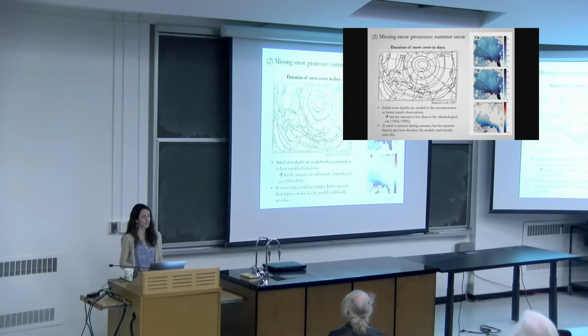Okay, so what about these missing processes? One thing that I've been circling back to is this idea of summer snow, and I've talked to a few of you about that today. We really don't know how much snow there is on sea ice during the summer period. What I'm showing here is an old figure hand-drawn from the climatology, from the drifting ice station data from the former Soviet Union.